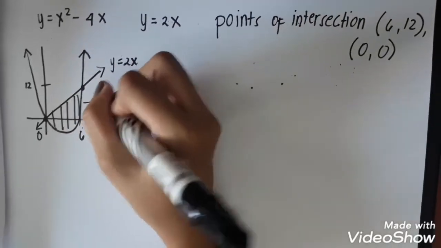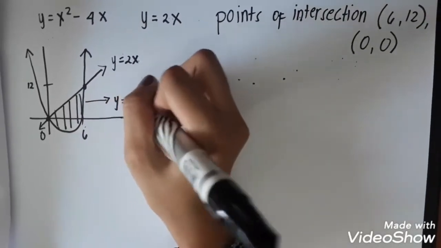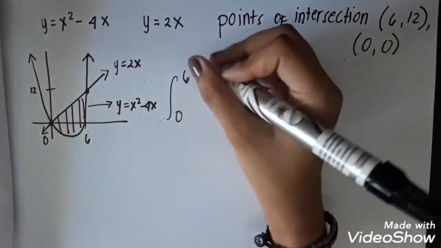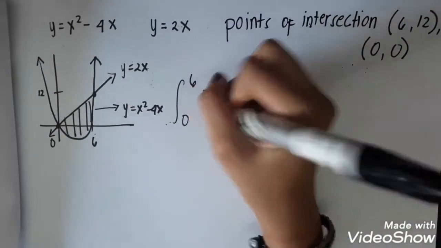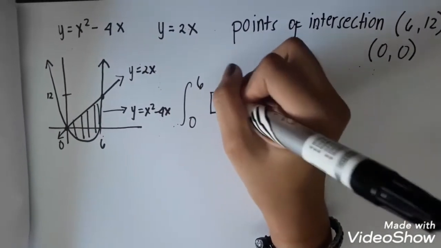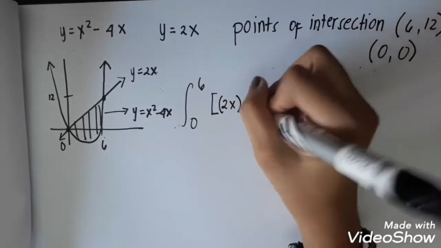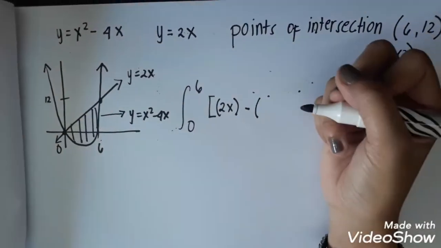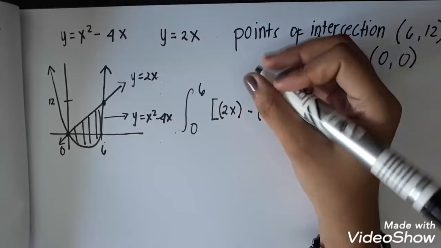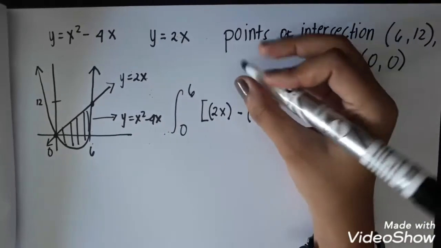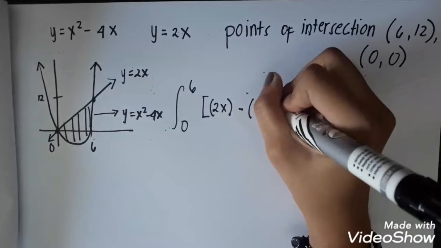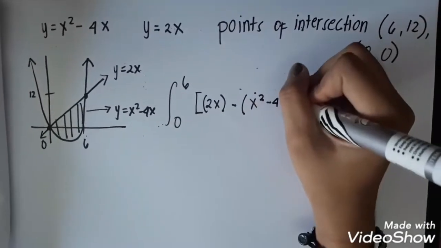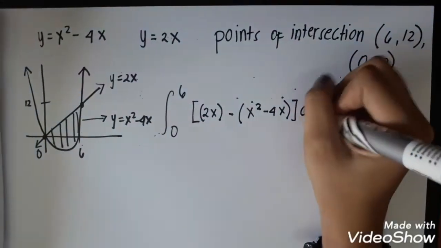This curve is y is equals to x squared minus 4x. So you write this first, 2x minus the bottom curve, which is x squared minus 4x dx.